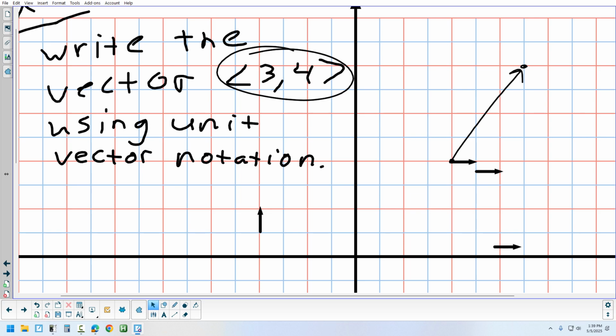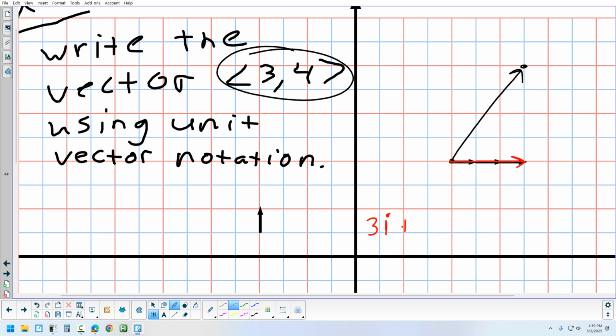Stack them all together. And then you're going to need 4 j's. And by stacking 3 i's together, I just built that vector in red. What is that vector in red? How would you write it? 3i. That's the first part.